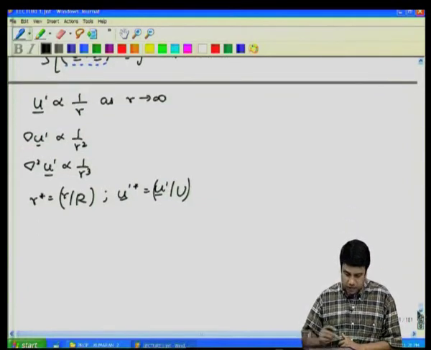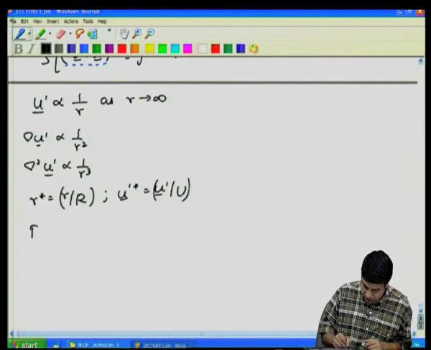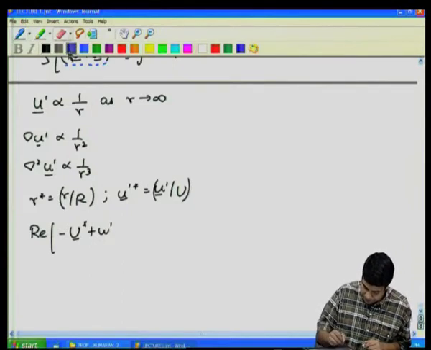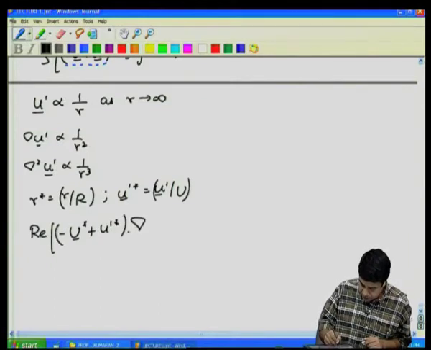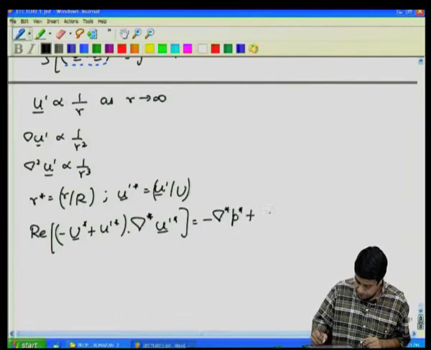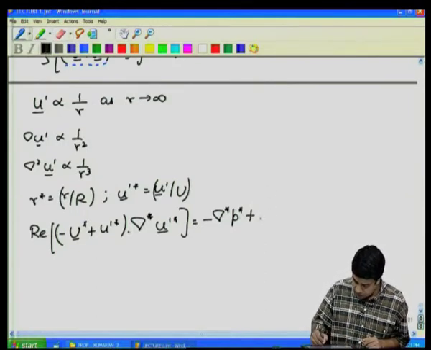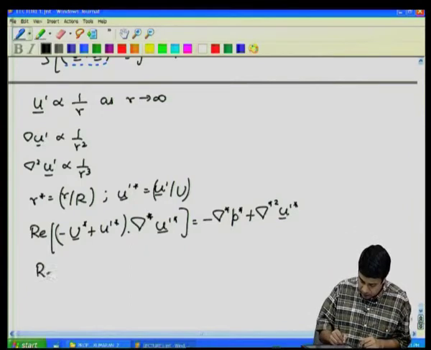And you can easily verify once you do this scaling that the net result that you will get is Re into minus U star plus u prime star dot grad star u prime star is equal to minus grad star p star plus del star square u prime star, where the Reynolds number Re is equal to rho U R by mu.